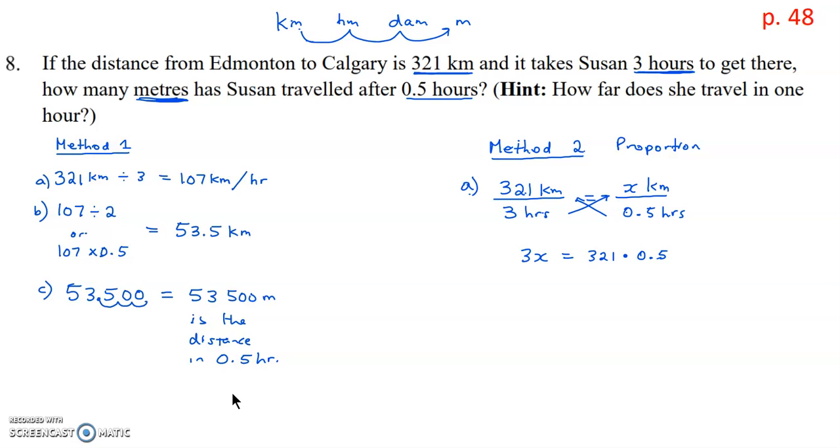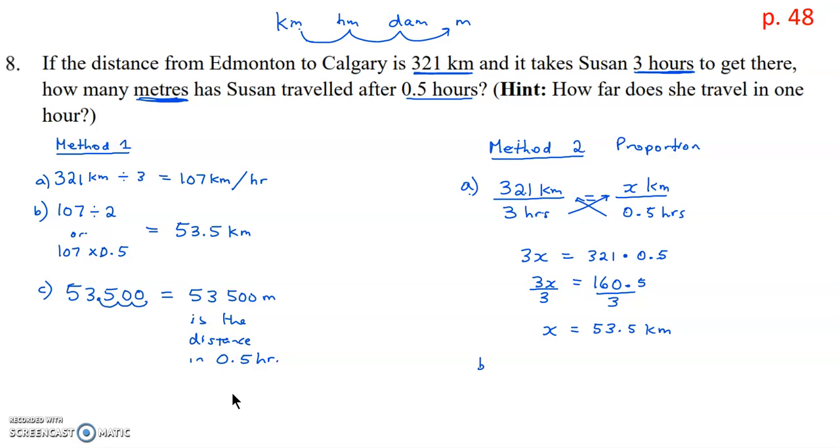So we take the 321 times 0.5 equals 160.5, which is equal to 3x, and we divide by 3. And remember, you can cross multiply and divide more quickly if you like. Either way, you're going to come out as x equals 53.5 kilometers.